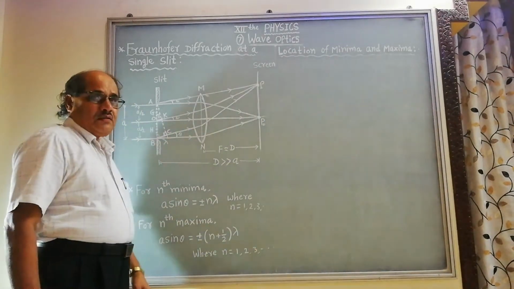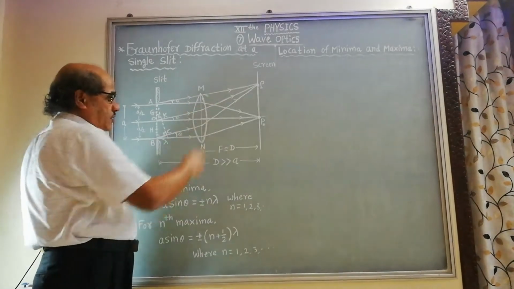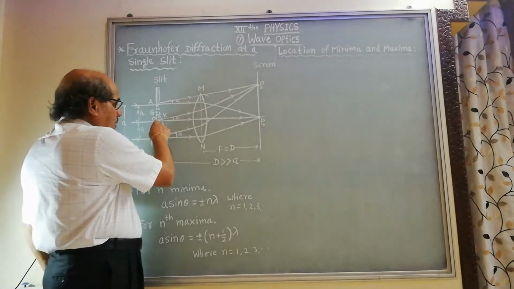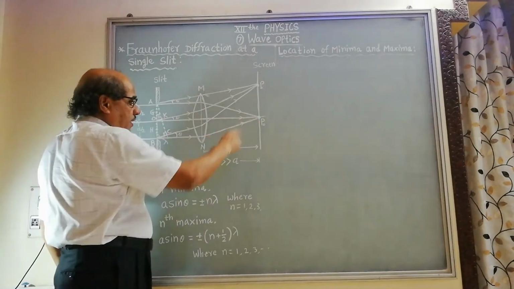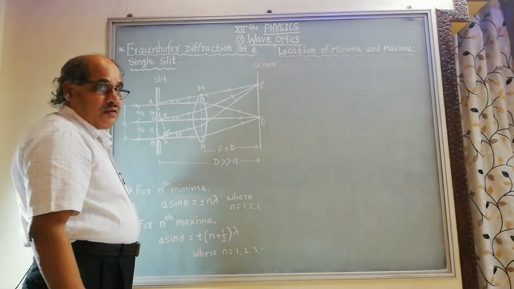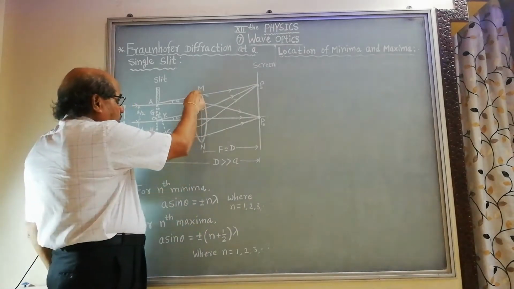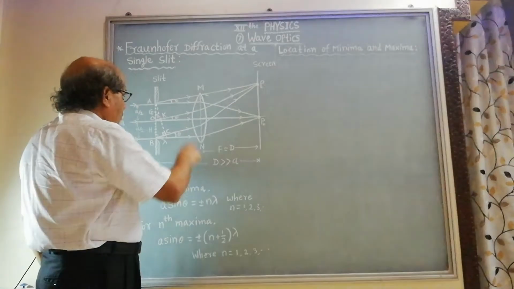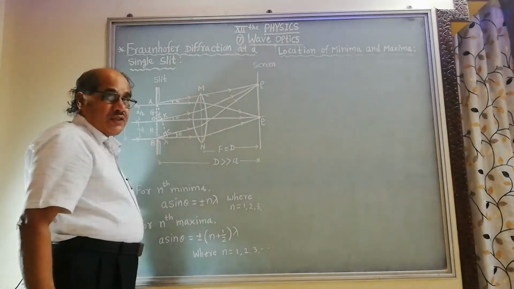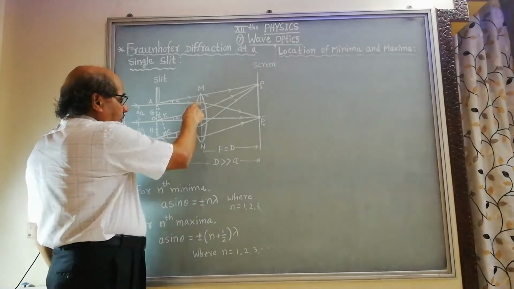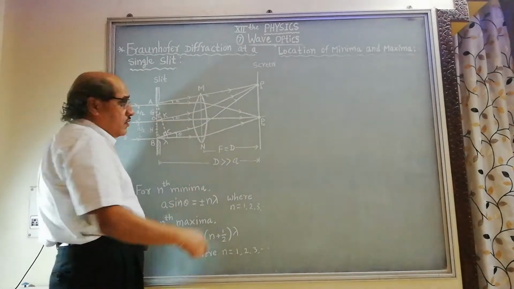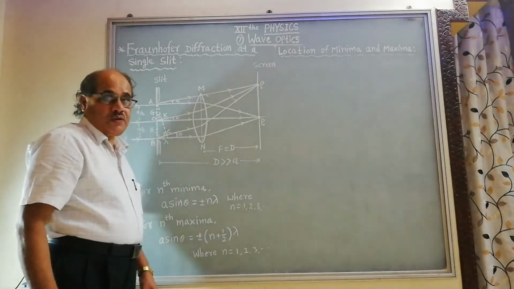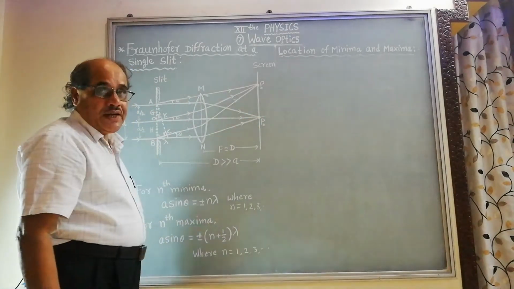Now there are a number of rays which are traveling parallel to the direction of the incident ray. So we have a convex lens here, and all the parallel rays after refraction converge at point P0 on the screen.